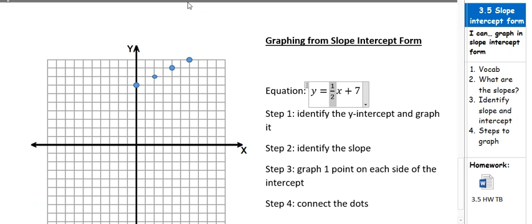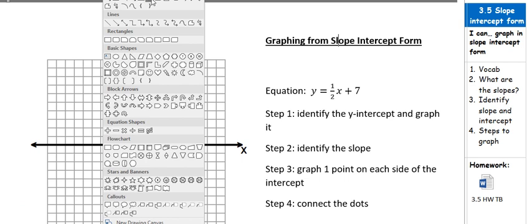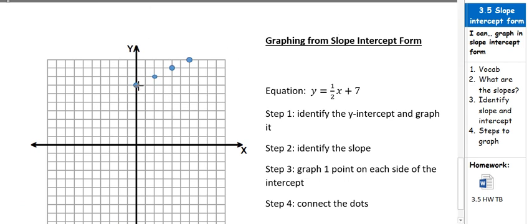That means it needs to continue that path. So for my next spot, I know I need to go up 1 and right 2, but I'm going backwards. So instead of going up 1 and right 2, I'm going to go down 1 and left 2.